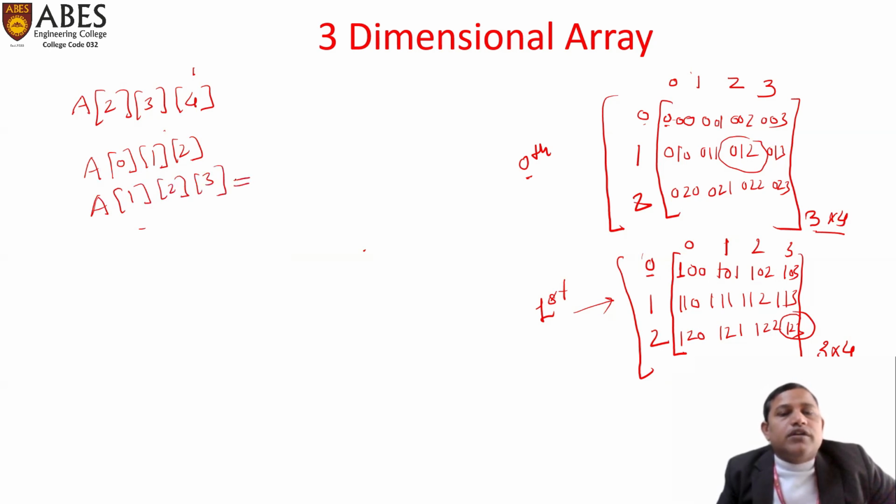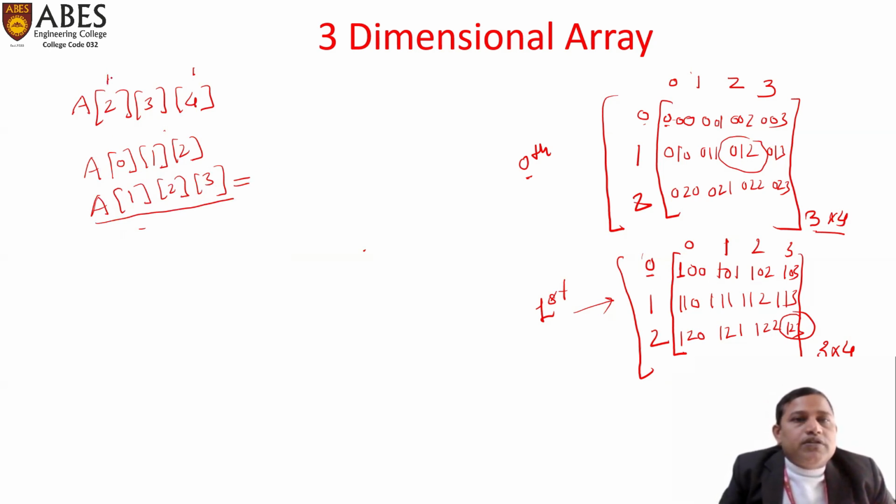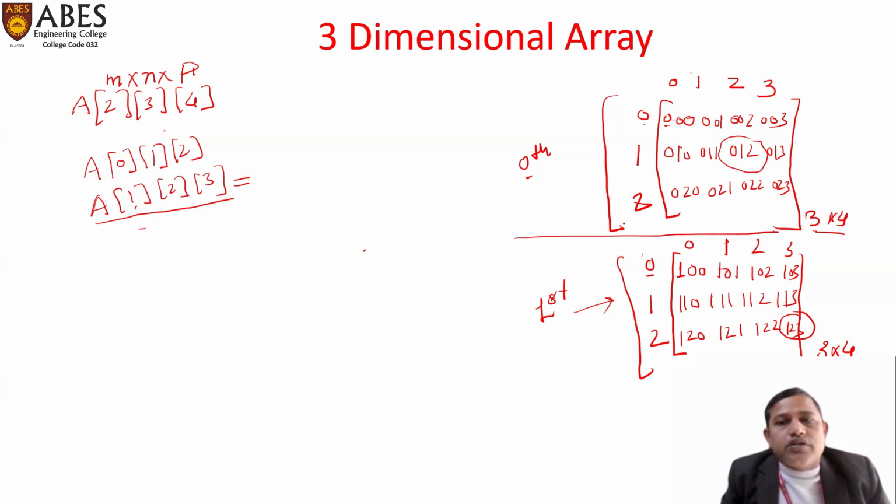If you want to calculate the address of this element, how can we calculate it? Suppose there are a total of m two-dimensional arrays, and each two-dimensional array is of size n into p. To find the address of A[1][2][3], first you have to skip one two-dimensional array, the zeroth, and come to the first. How many elements do you skip? 1 into the total elements in a two-dimensional array.